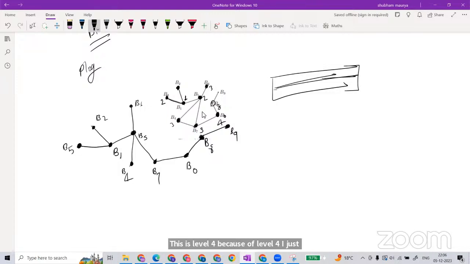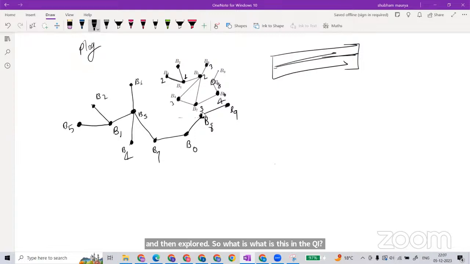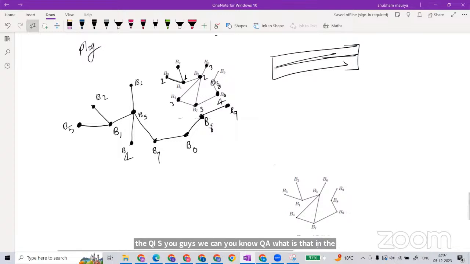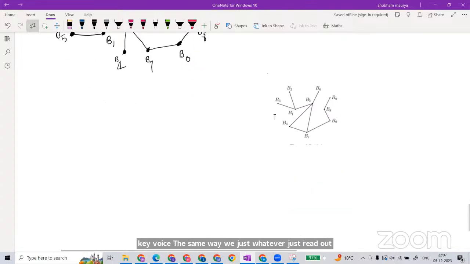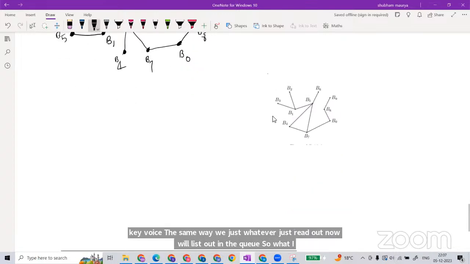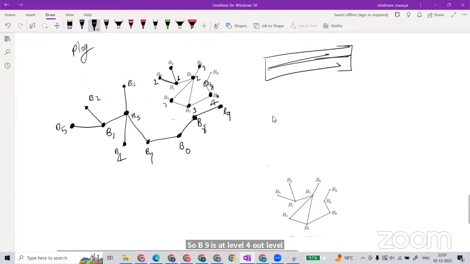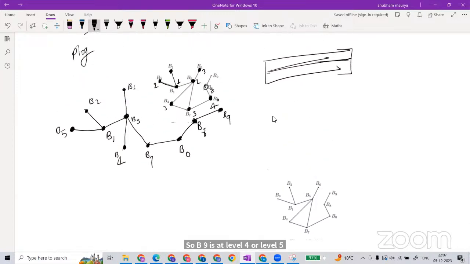Okay, so this is the algorithm: visiting and then exploring. So what is this queue-wise? Whatever we just read out, we'll list out in the queue. So B9 is at level 4 or level 5? This is going to be 4, and from 4 this is 5, and this is 5, and then B6.